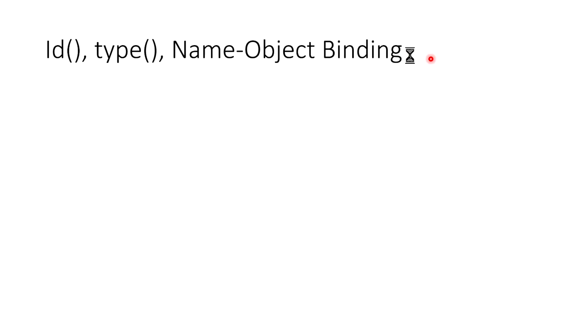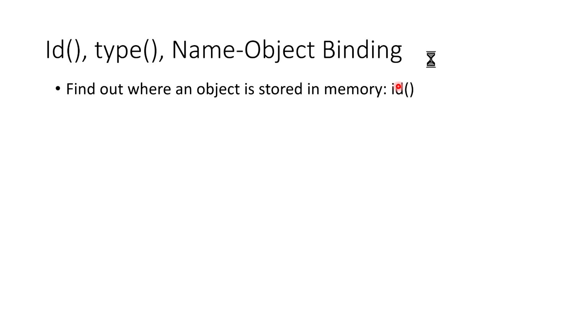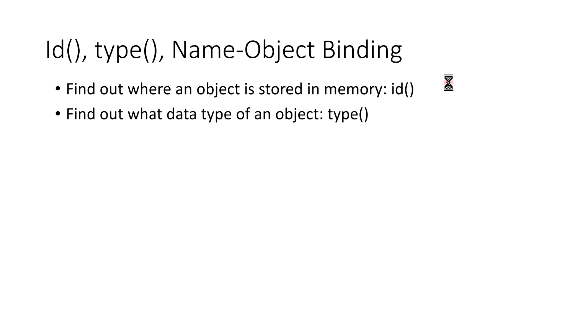We need some tool to get the address of an object. The id function will allow you to do that. You also have type, a built-in function that shows you the type, because in Python you don't really need to specify the type of a variable. Type allows you to print out the type of an object.